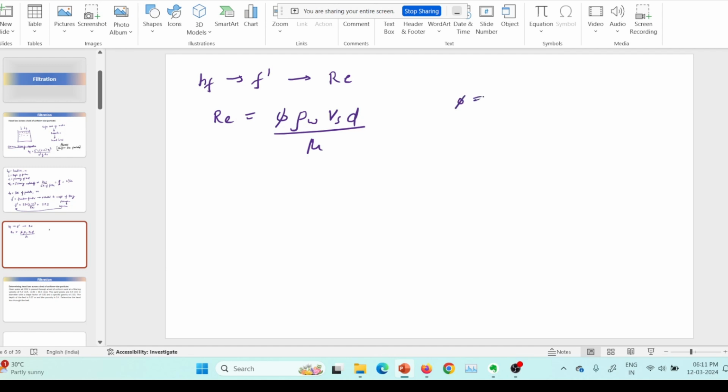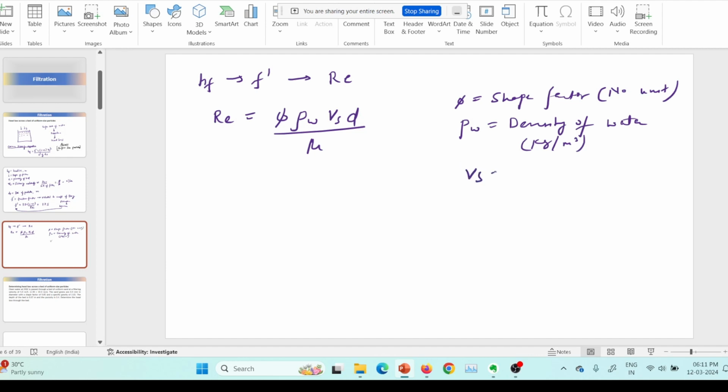Phi is nothing but the shape factor, which has no unit. Rho w is the density of water, in kg per meter cube. Vs is the filtering velocity.